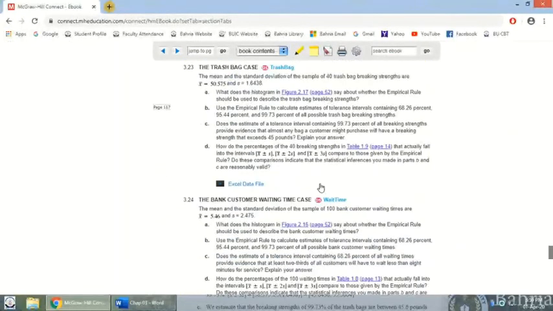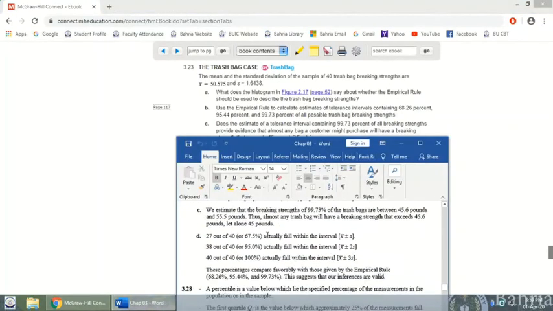So now the last part is simply saying, how do the percentages of the 40 breaking strengths that actually fall into the intervals compare to those given by the empirical rule?